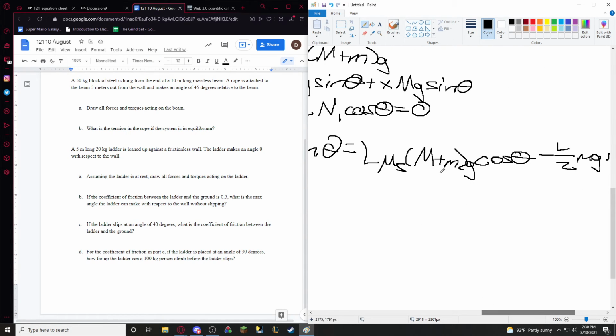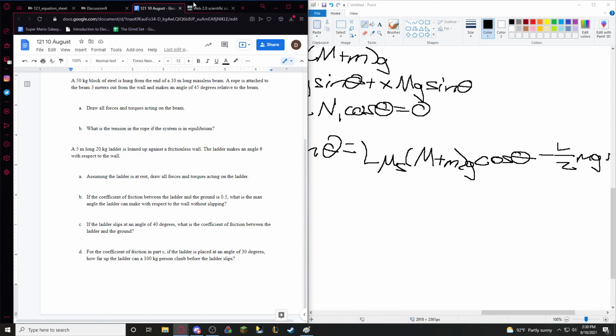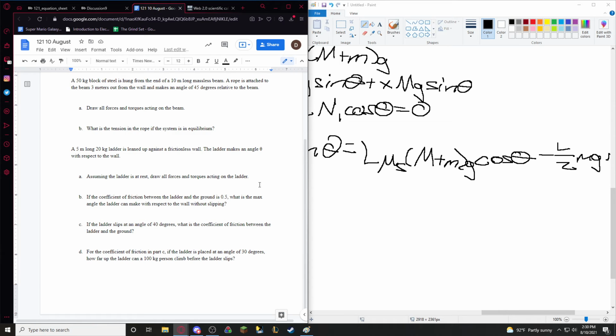And so if we go ahead and plug everything in, we have mu times L, which was 5 meters, times big M plus little m, 20 kilos plus 100 kilos, 120, times g, which is 10, times the cosine of theta. Theta is 30 degrees. What's the cosine of theta?